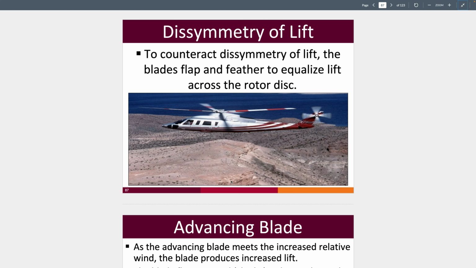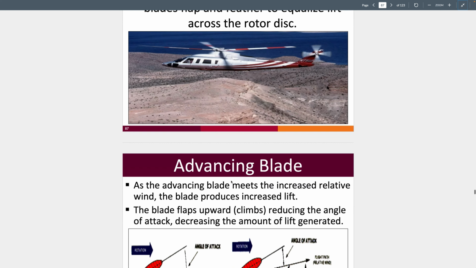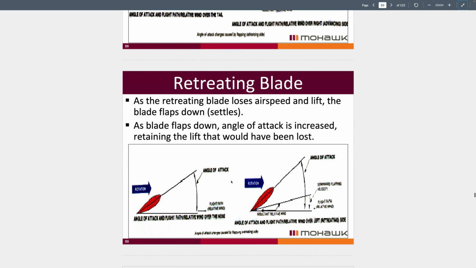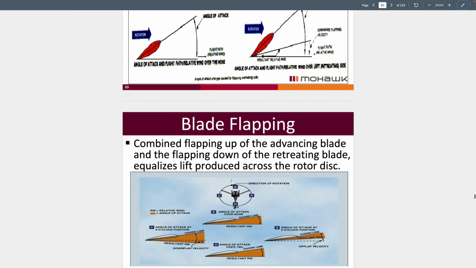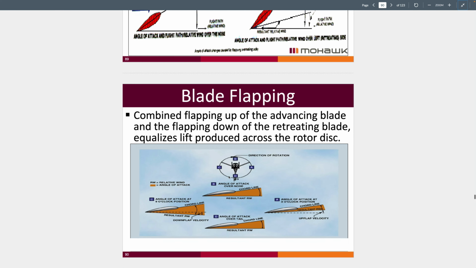Conversely, on the retreating half of the rotor disc, the blades droop down and they need to feather to increase the pitch of the blades to produce more lift to compensate for the significantly less lift that is produced on the retreating half of the rotor disc. And this is known as blade flapping.